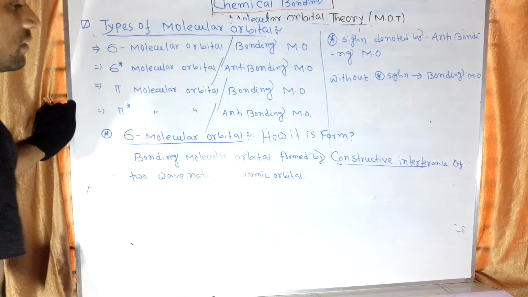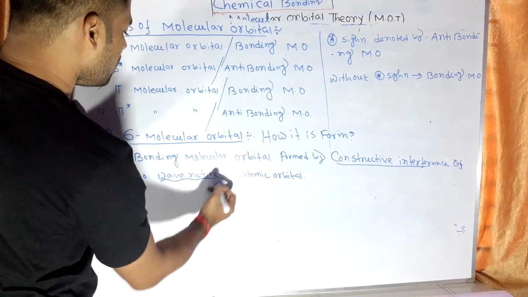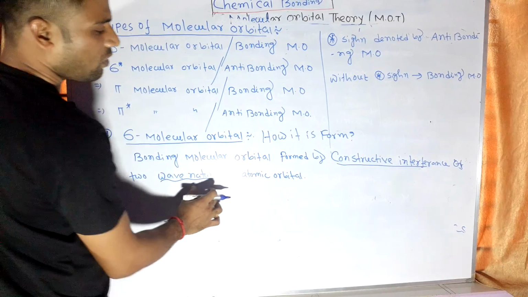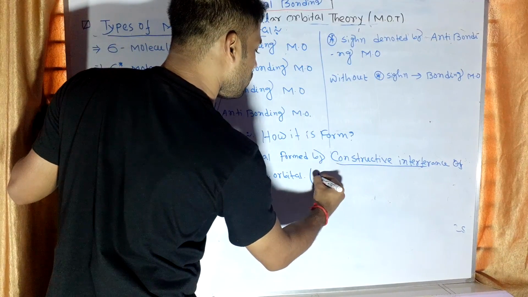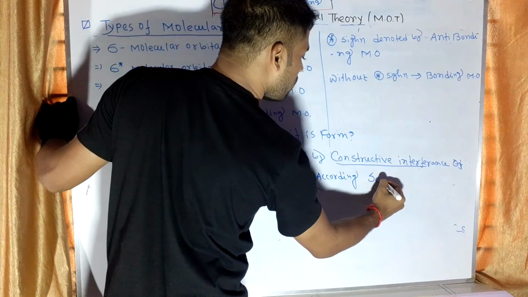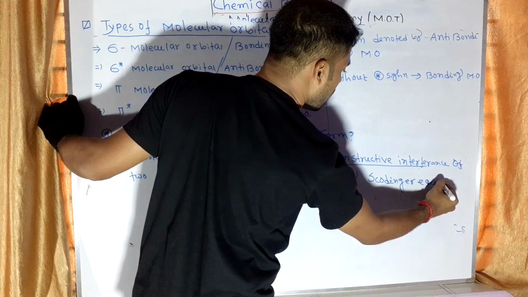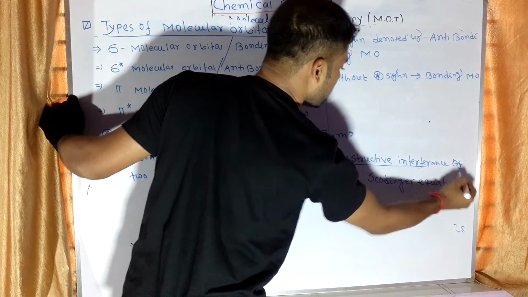In constructive interference, the two atomic orbitals always have wave nature according to the Schrödinger equation.